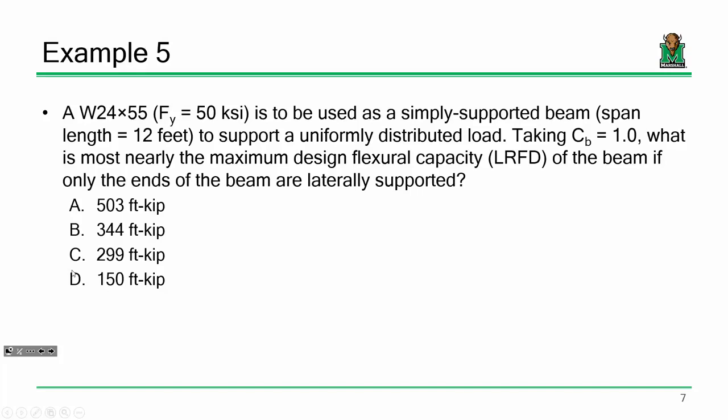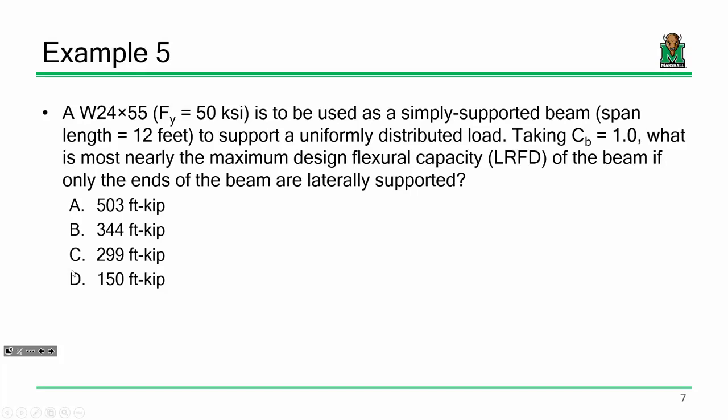If you all recall, CB is the moment gradient modifier. In other words, when we draw moment diagrams, they're not very constant, are they? They're always up and down and up and down. But when we did our derivation for lateral torsional buckling, the column or the beam strength equations, we derived them assuming moment is constant. So we have to take that into account some way. So we take that into account with this term CB.